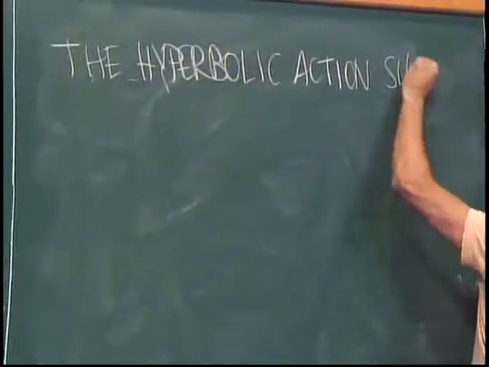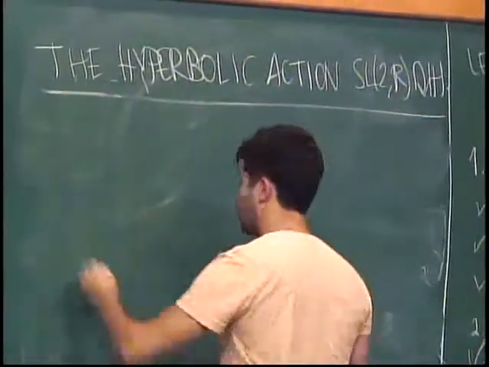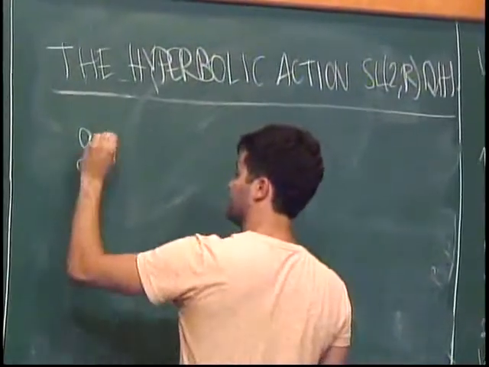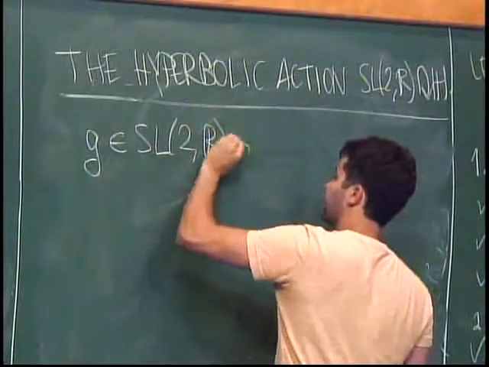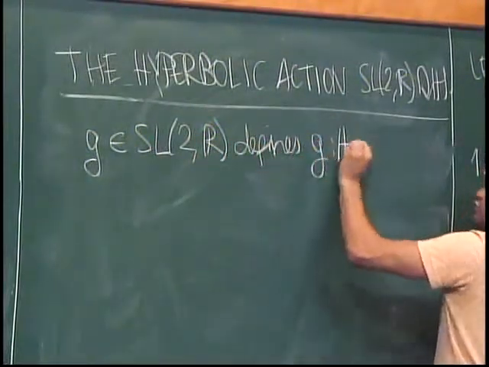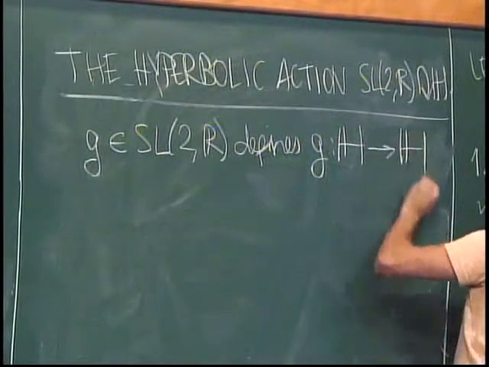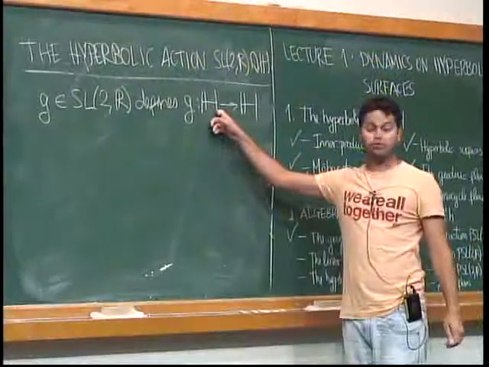The hyperbolic action of SL2R in H is that an element here, as we did in the beginning, defines a transformation in H. And this is the Möbius transformation associated to the matrix.